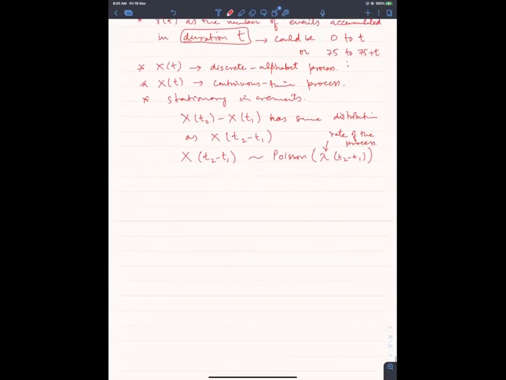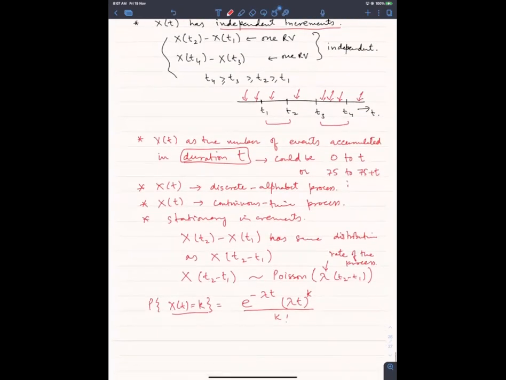That means the probability that X of t is equal to k is, it's a Poisson random variable taking a value of k, with parameter lambda t to the power k over k factorial. So this is all our Poisson random process.